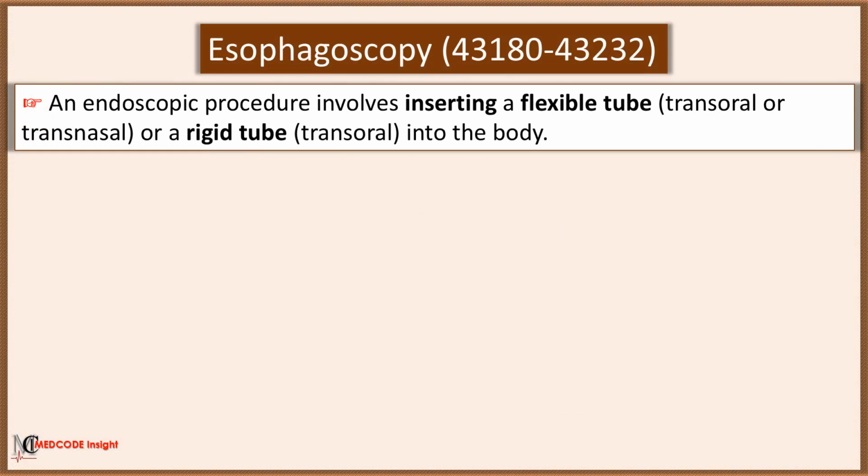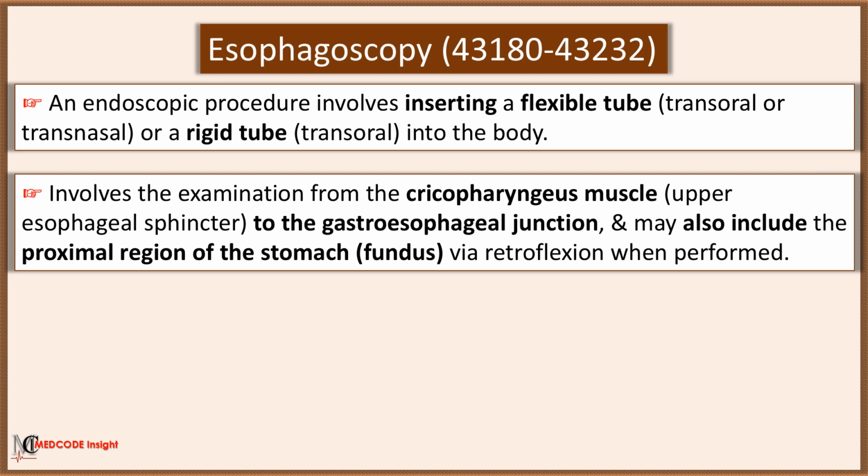Esophagoscopy is an endoscopic procedure that involves inserting a flexible tube, which may be transoral or transnasal, or a rigid tube, which is transoral, into the body. It includes examination from the cricopharyngeal muscle or upper esophageal sphincter to the gastroesophageal junction.